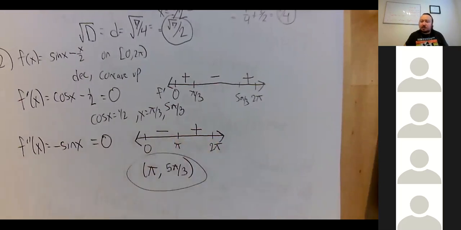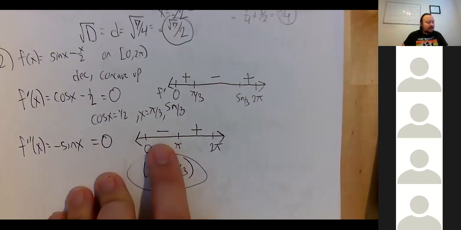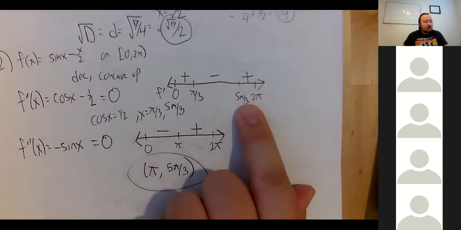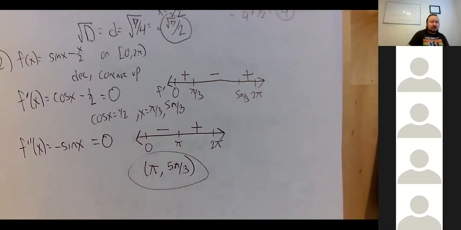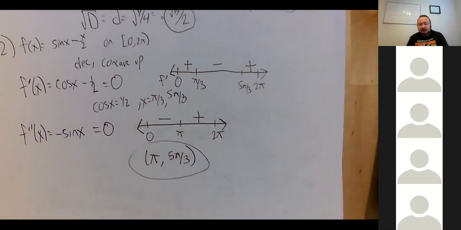It'd be kind of like the intersection on a Venn diagram for these two. We can't go before pi because then we'd be concave down. We can't go after 5 pi over 3 because then we'd be increasing. This is going to be our interval. All right, so we got that one.